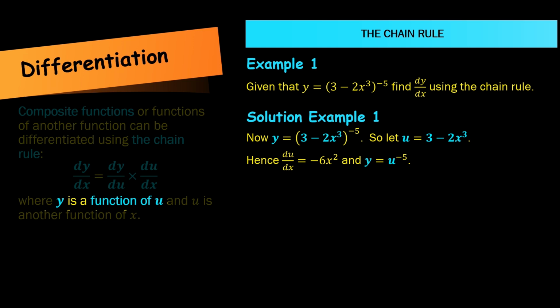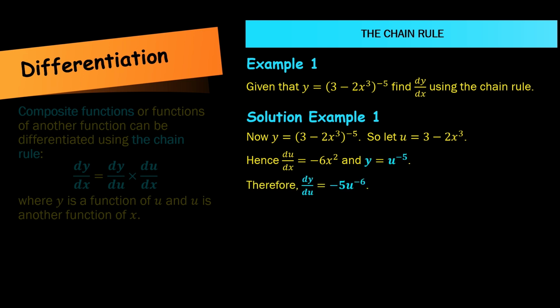We can also rewrite y as y equals u to the power minus 5, and therefore dy/du equals minus 5 times u to the power minus 6.